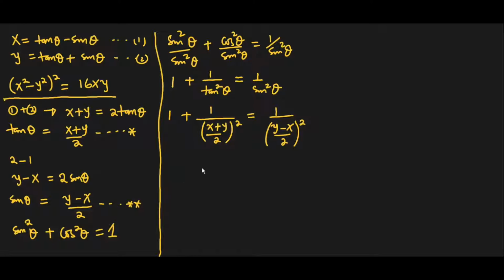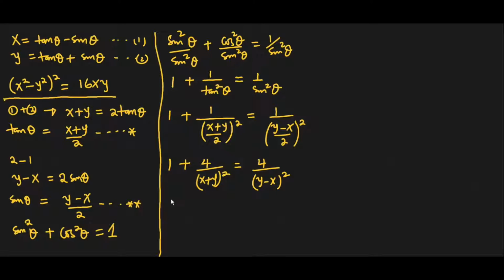Or I could first eliminate the denominators by looking at 1 plus, if I square that, the 4 will go up, and so that will give me 4 over (x plus y) squared, and this is equal to 4 over (y minus x) everything squared, if we open up this denominator. And so in this case, we can multiply throughout by the product of this and that.